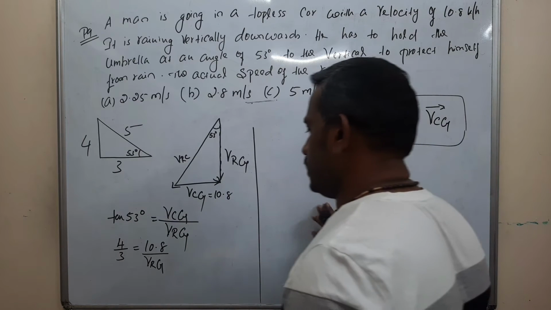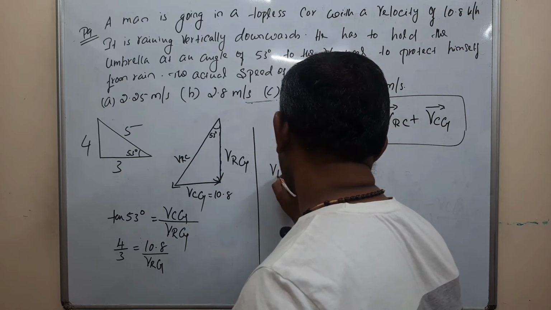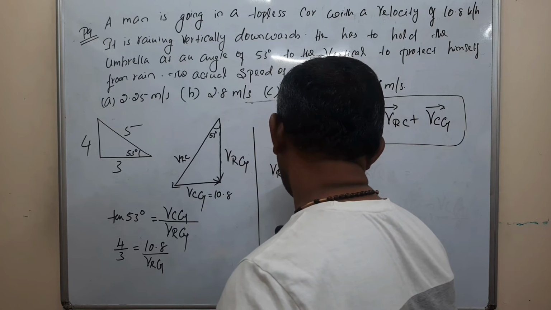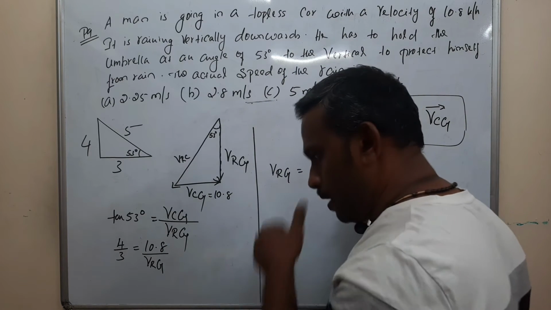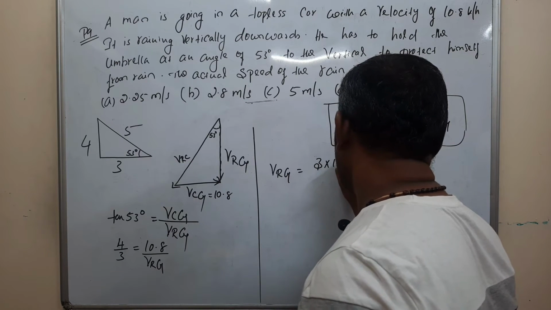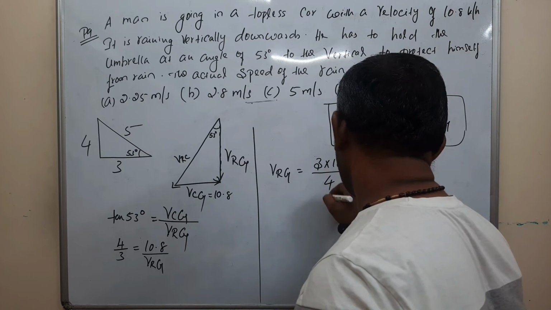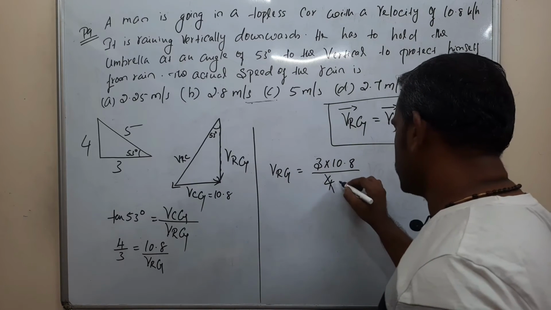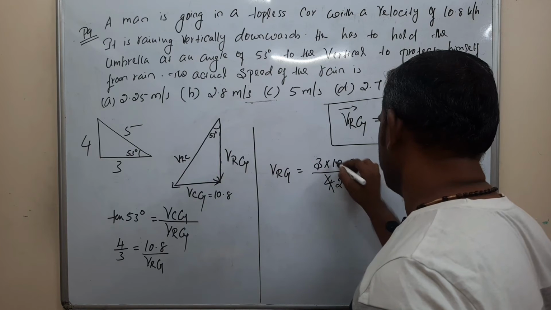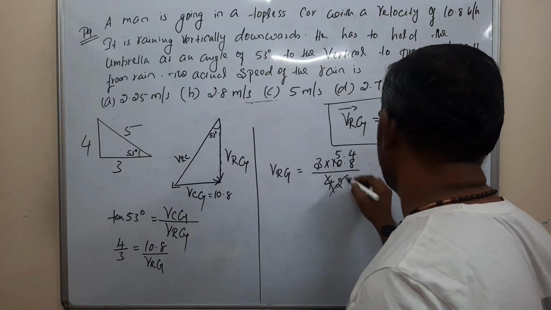So from this, VRG is equal to 3 into 10.8 divided by 4. So cancel it, 2 times 2, 5 times 4. Again cancel 2.